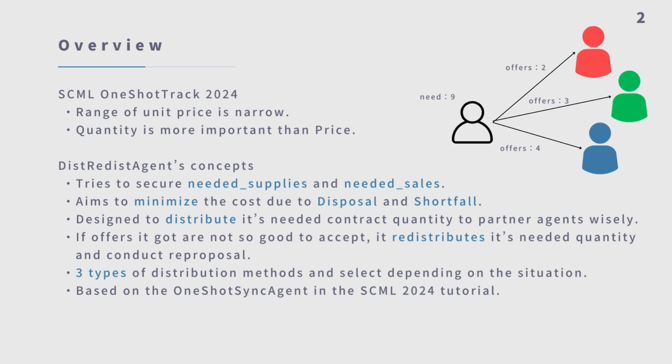Furthermore, my agent has three types of distribution methods and selects them depending on the situation. And my agent is based on one-shot sync agent in the SCML 2024 tutorial.